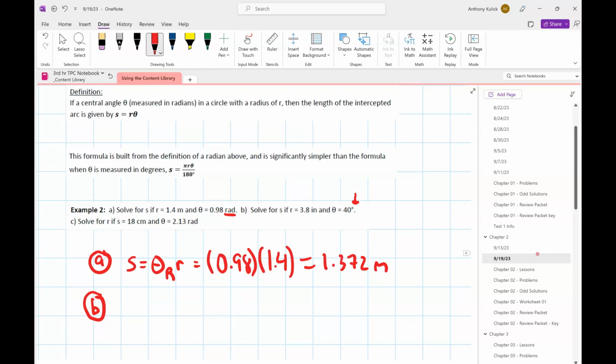If I look at the next example, my angle is measured in degrees, so I should use my other formula.